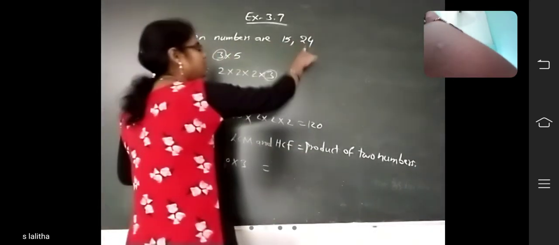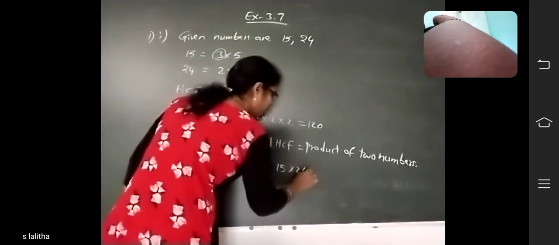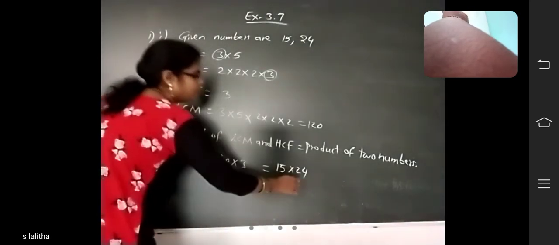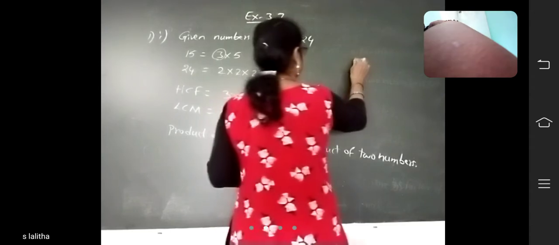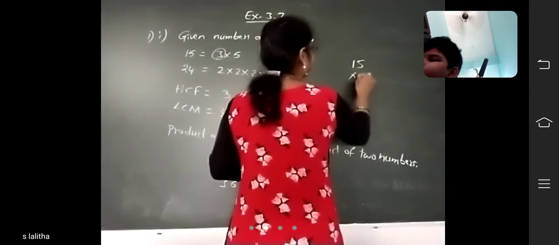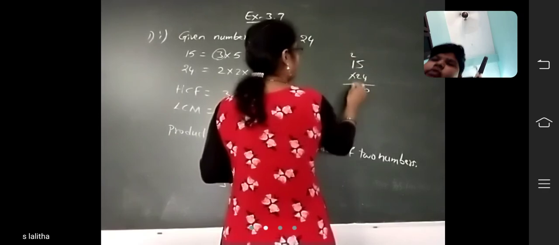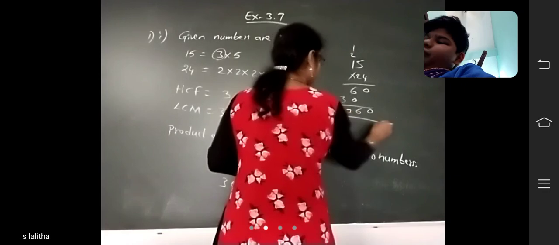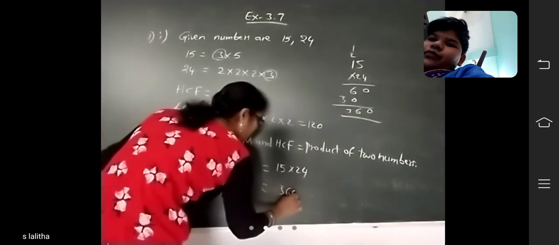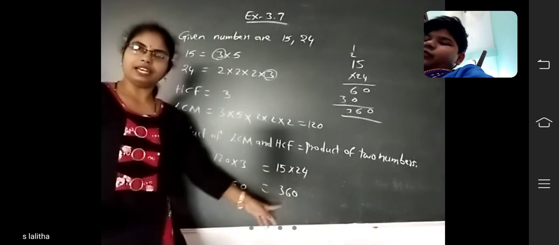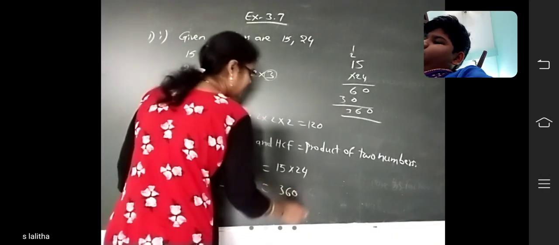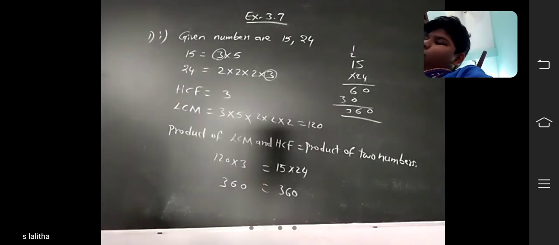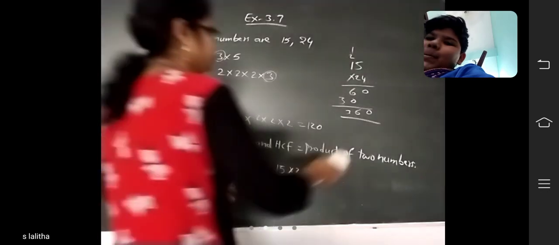What are those numbers? 15 into 24. 15 into 24, how much? 4 5 20, 4 1 4 plus 2 6, 2 5 10, 2 1 2 plus 1 3. So 15 into 24, how much? 360. Both are equal or not? Yes. So that is the relationship. Okay. Product of LCM into HCF is equal to product of two numbers. Come on, write.